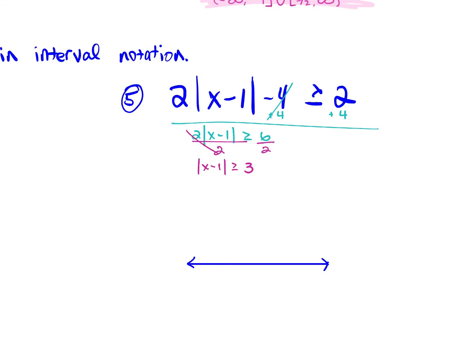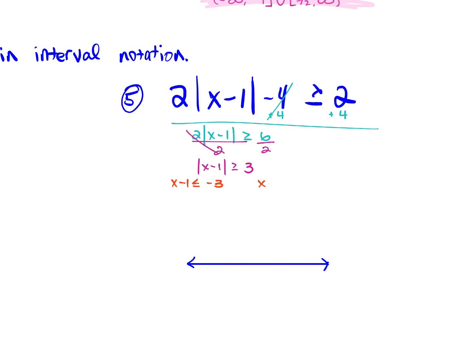Is this possible? The absolute value of something is greater than or equal to 3? Yes. So separate it into 2 inequalities and solve for both. Remember, when you do this, get rid of the absolute value bars, change the sign on your answer. So it's going to be x minus 1 is less than or equal to negative 3.